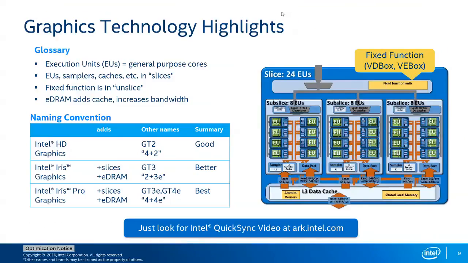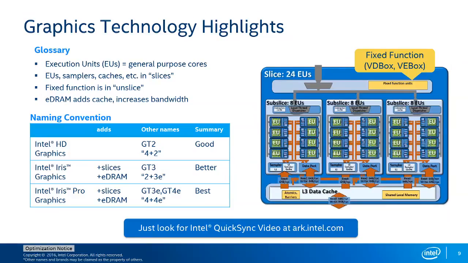So back to the architecture again. I wanted to provide a little bit of a decoder ring for some of the terminology that you might find around the Intel websites. The first place to look to find out about the GPU on your machine is arc.intel.com.